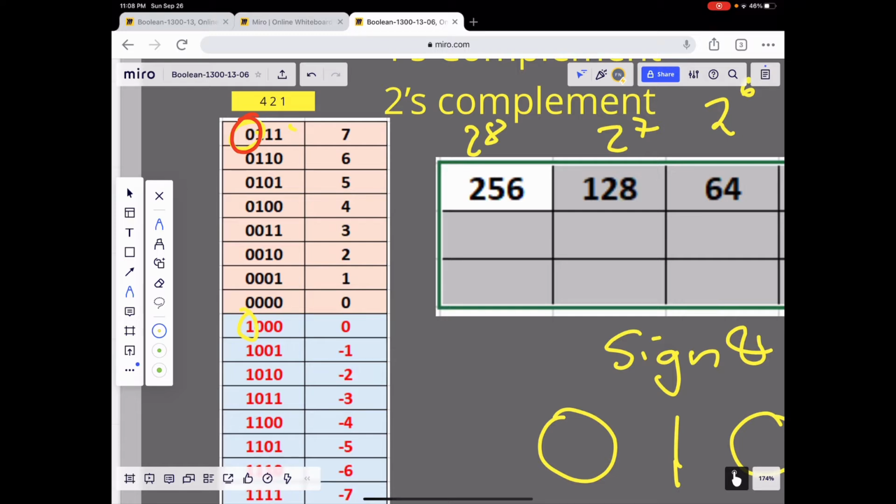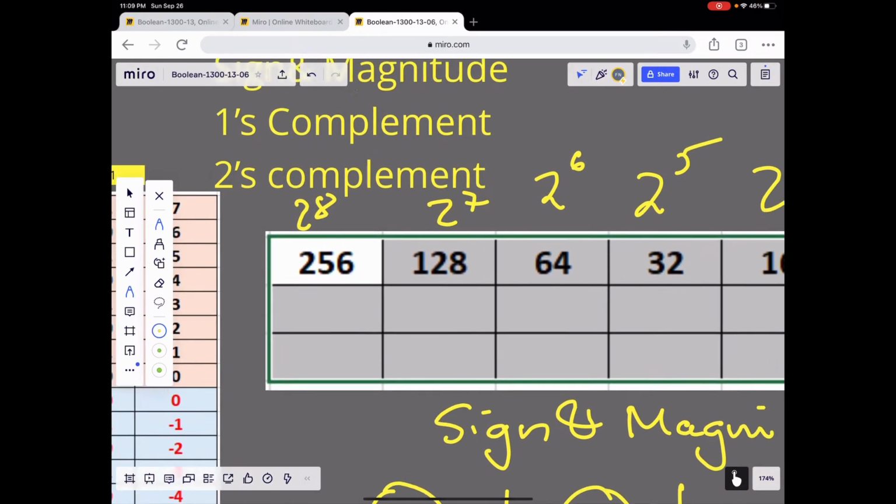So if you have a sign number, the MSB, the most significant bit, being 0 indicates a positive sign number. And if you have MSB equal 1, it represents a negative sign number.